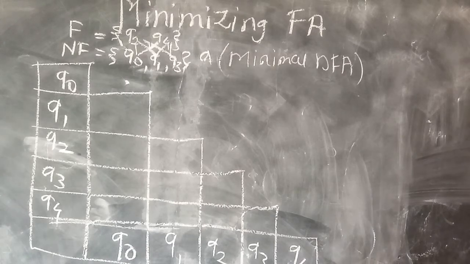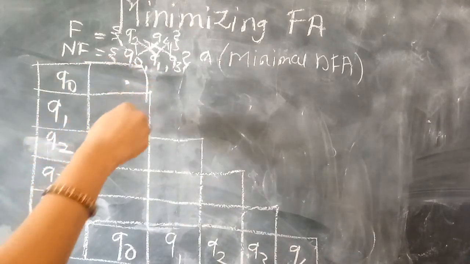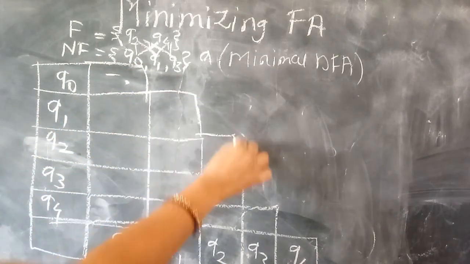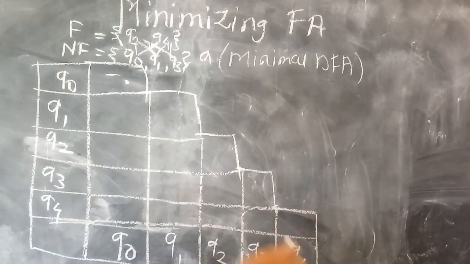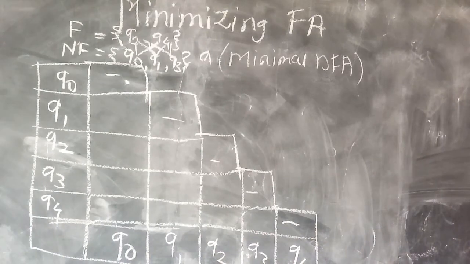Now you have to make these boxes empty; you don't have to show anything in them. Now take the distances which we have mentioned as distance d0 and mark them against these boxes.